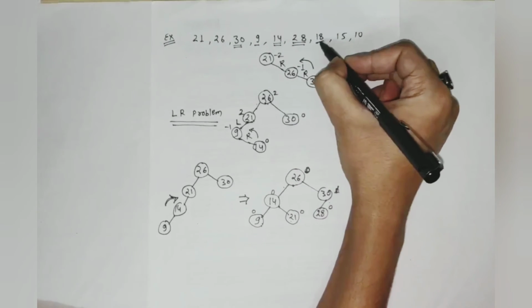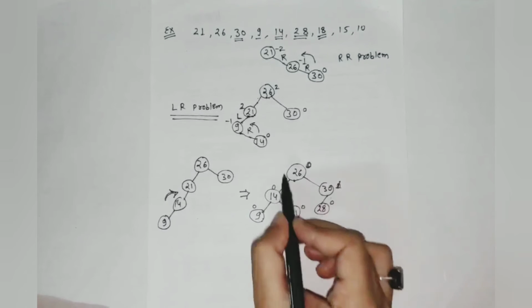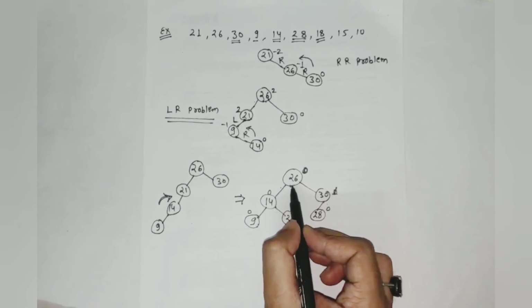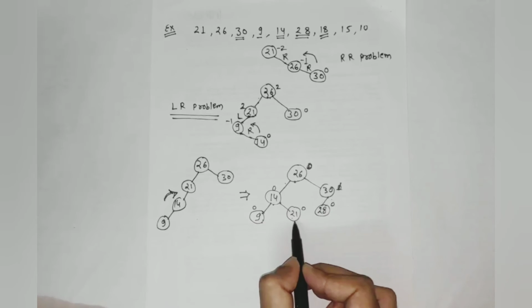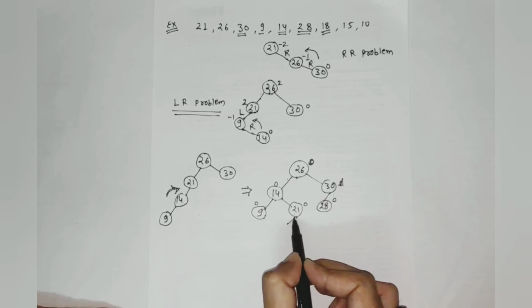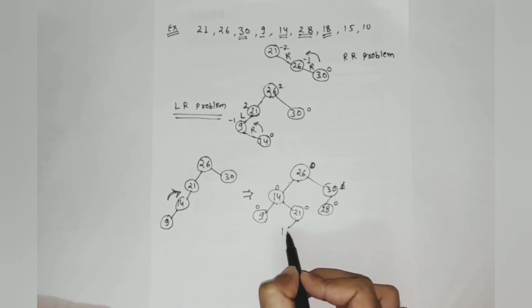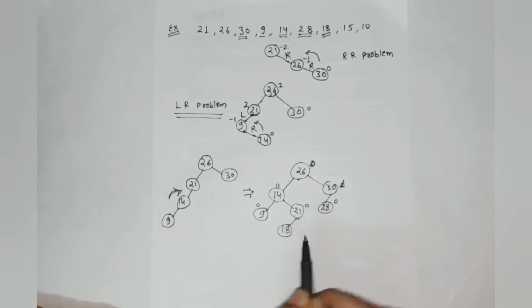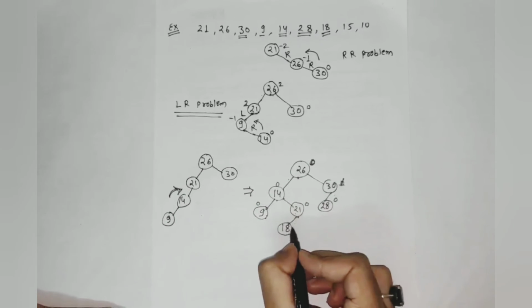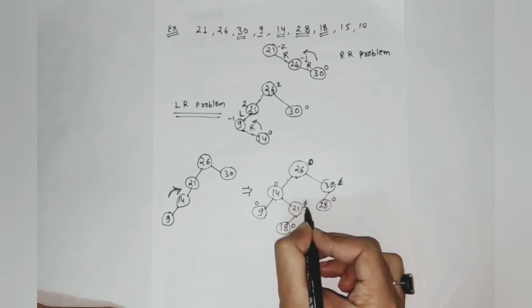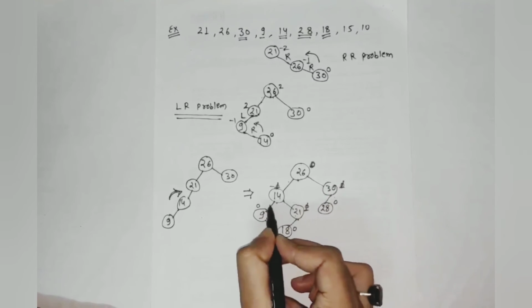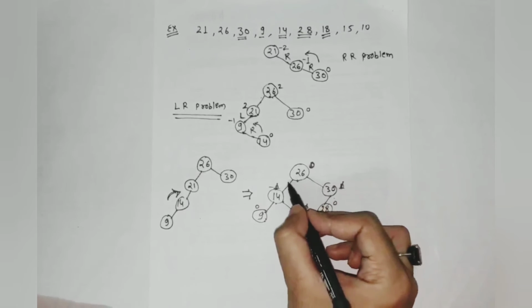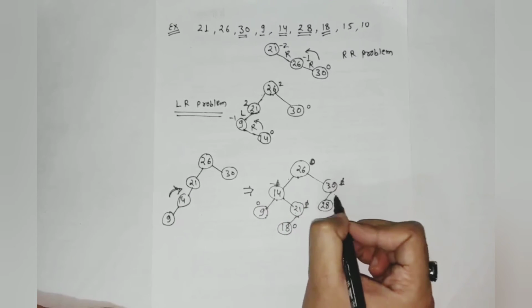After that we need to insert 18. So 18 is less than 26 but greater than 14 and less than 21. So it will be on the left hand side. Now we will check the balance factor. For this node 0, for this node 1, for this node minus 1 because 1 2 and 1, and for this node 1 2 3 and 1 2.